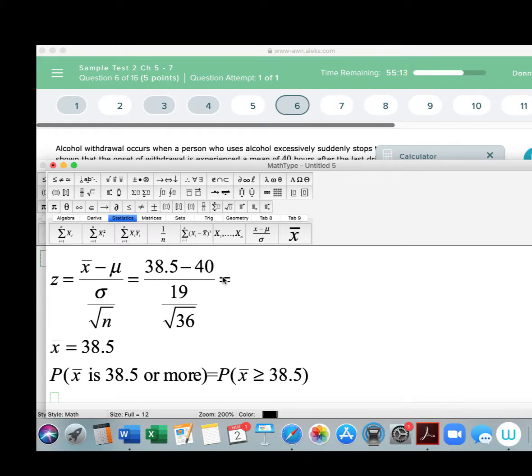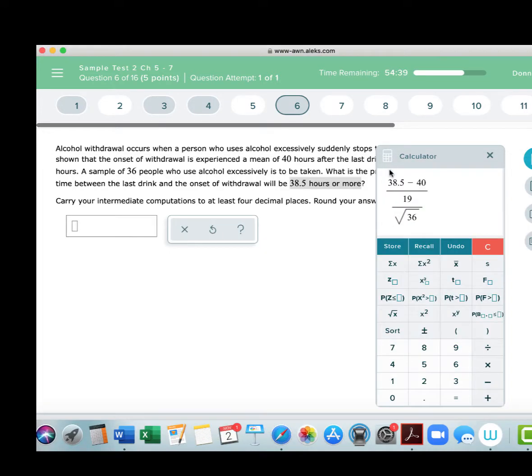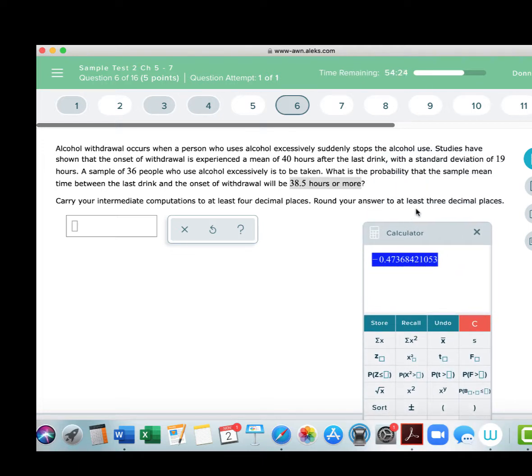We'll go out to the ALEKS calculator and do that computation. So we have 38.5 minus 40 all over 19 divided by the square root of 36. And we get a z-score of negative 0.4736, or 37 if you round your intermediate computation. So we'll round that to 4 places. So it's negative 0.4737.